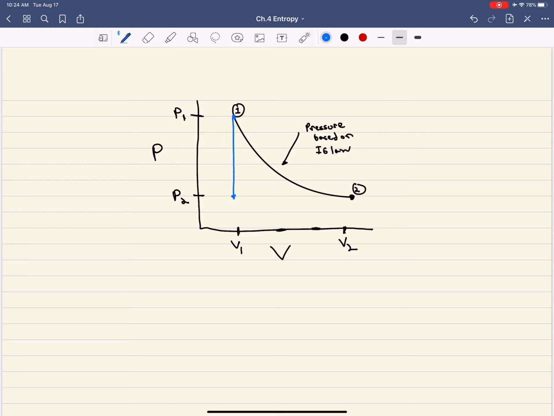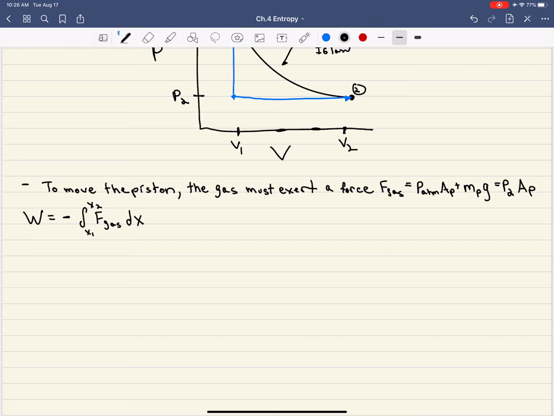From our force balance, we know that the force that the gas is acting against is equal to this, P2 A_P dx. Now we know that the area of the piston is a constant, and we can move A_P inside this differential so that we get area times displacement, which gives us a volume.